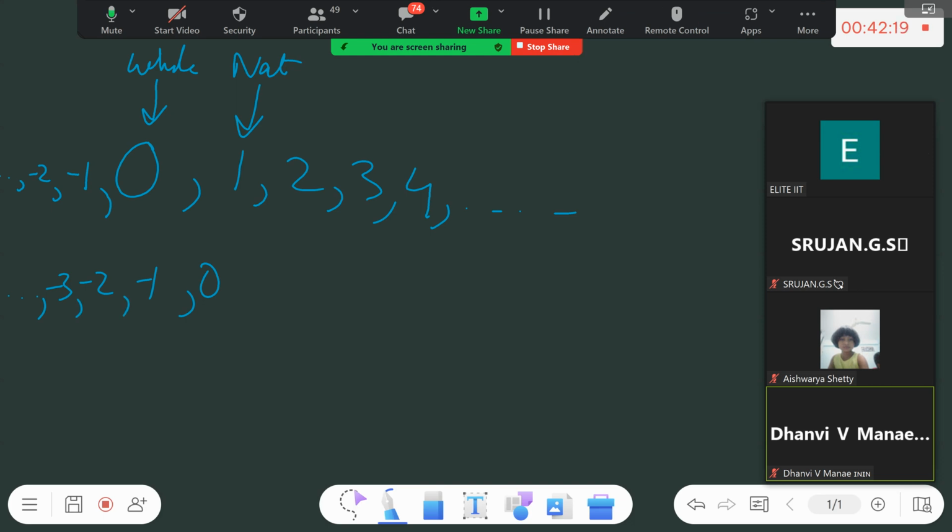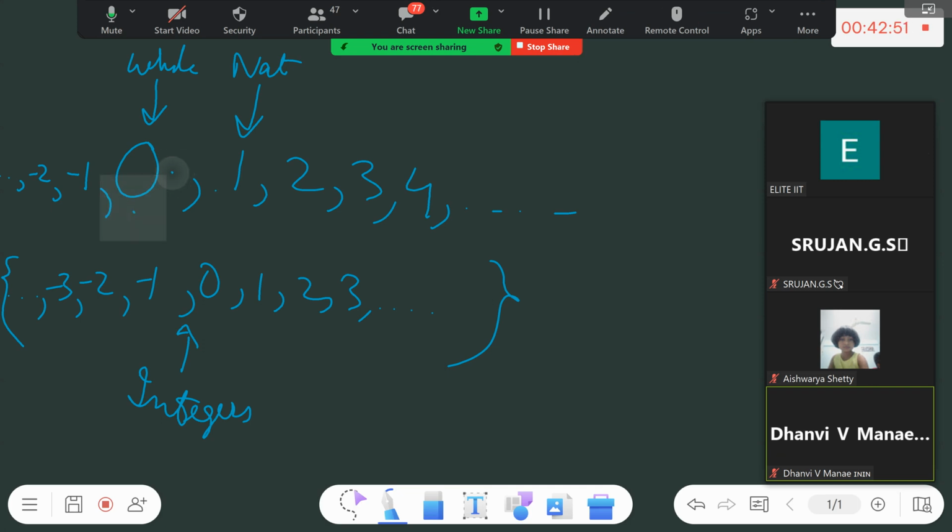So all these numbers will be your integers. Negative numbers are also integers, positive also, 0 also. Basically, natural numbers means only from 1 to infinity on the positive side.